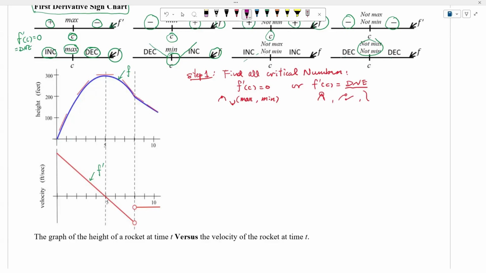Now, step two, we would like to determine where the function is increasing or decreasing.